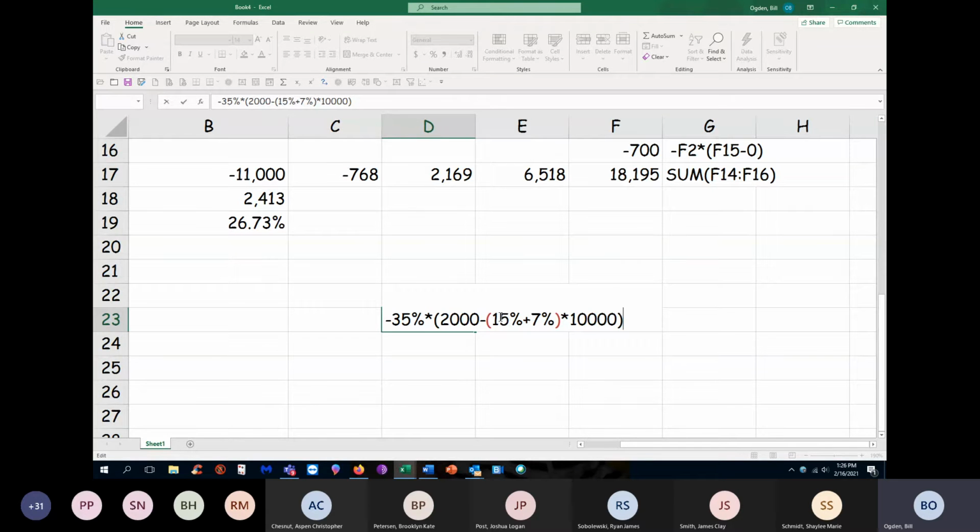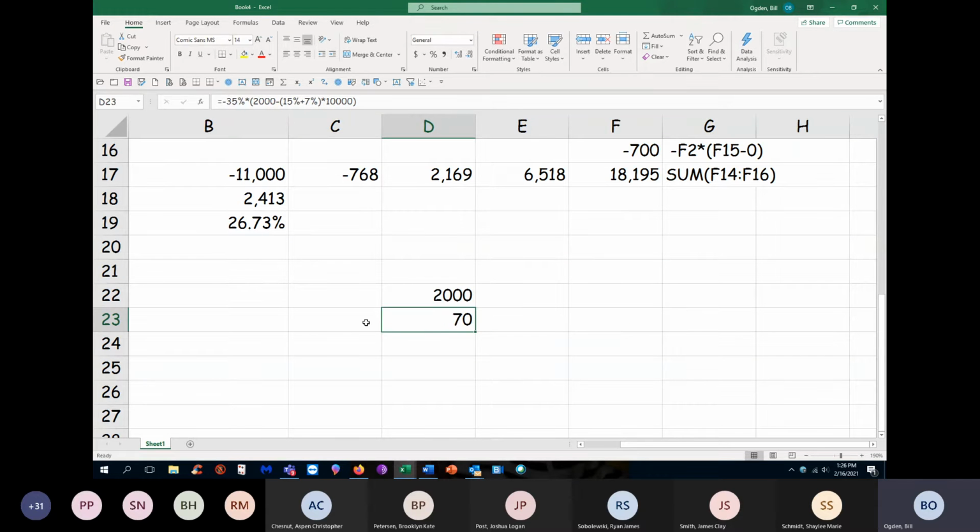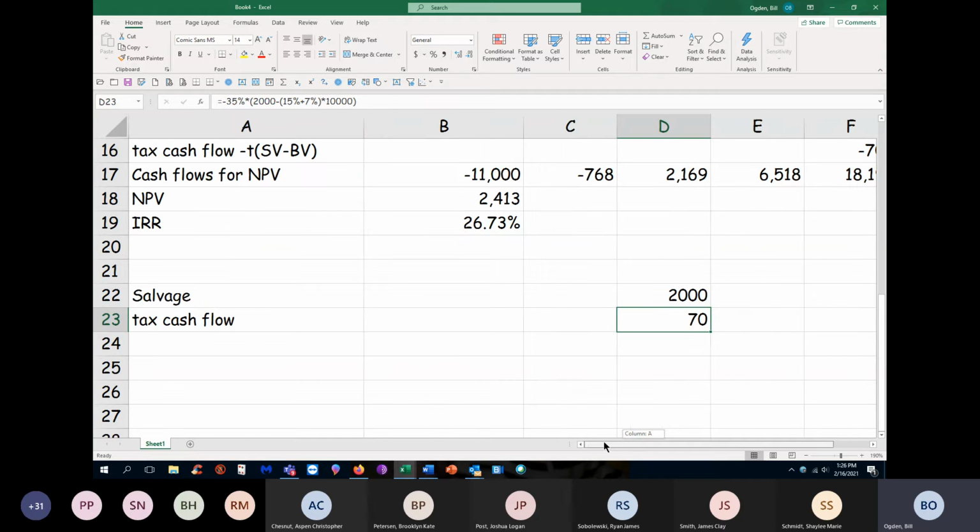The book value would be the remaining factors. So 15 and 7 times the acquisition cost. And so the tax cash flow in this case would be a positive 70.